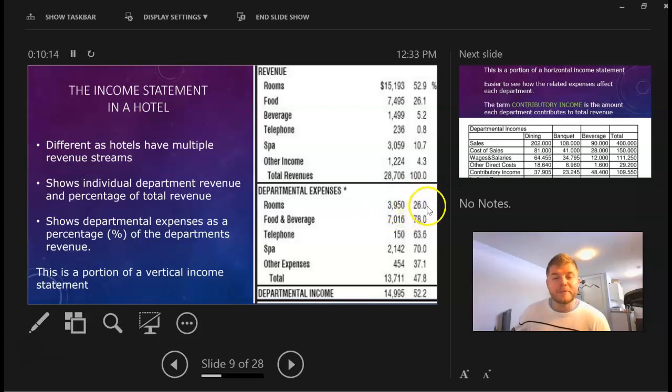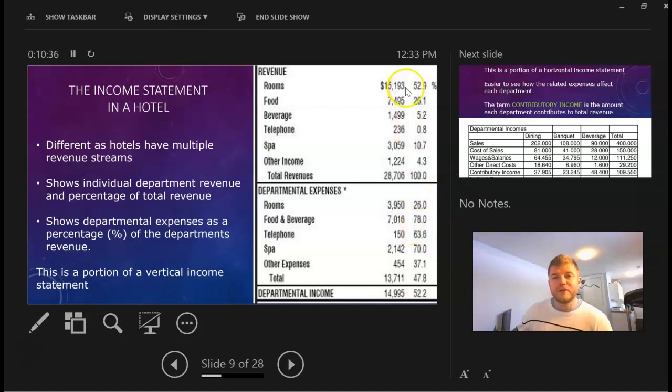That's a 26% cost, so 4,000 of our 15,193. We get to keep the other 74% in our rooms department. That's good, right? We're spending about a quarter of our rooms revenue on our expenses.